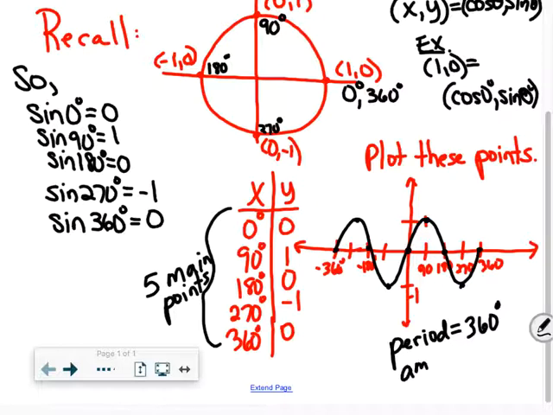And something else we talked about previously was amplitude. Well, amplitude is half the distance from your maximum minus your minimum. So half of 2, my amplitude is 1.